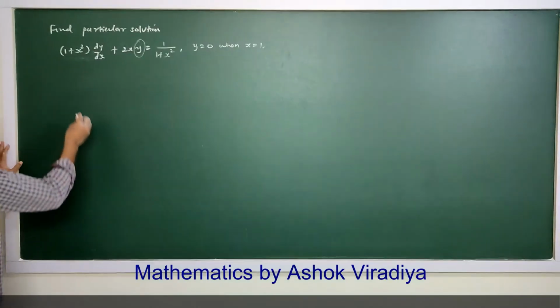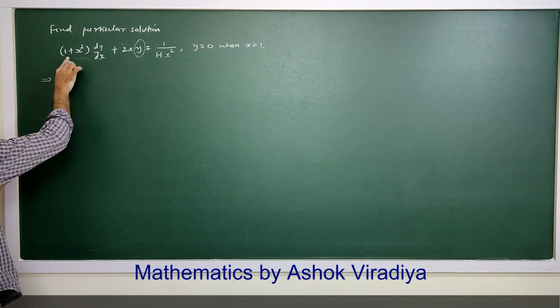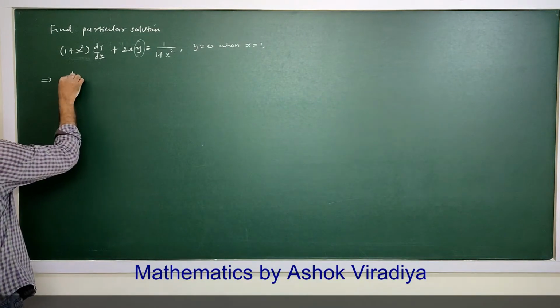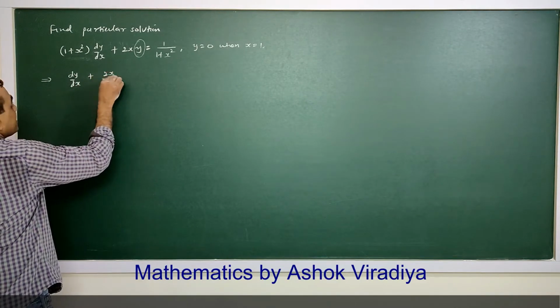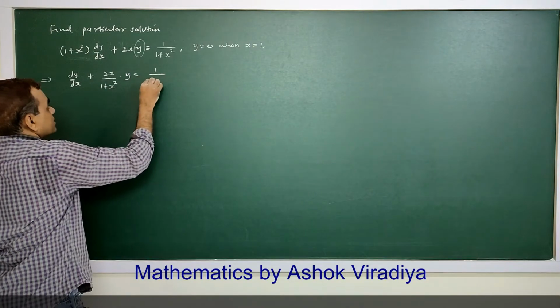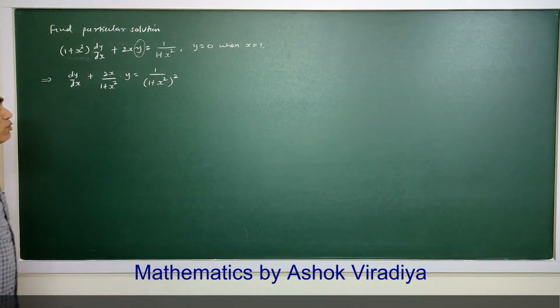Doing accordingly, here the coefficient of dy by dx should be 1. So I am dividing this equation by 1 plus x square. This is the next equation.